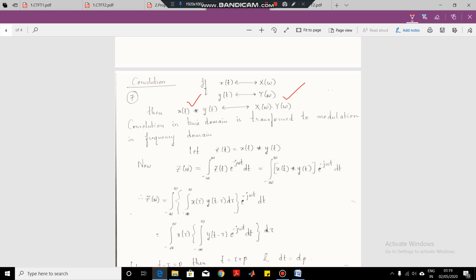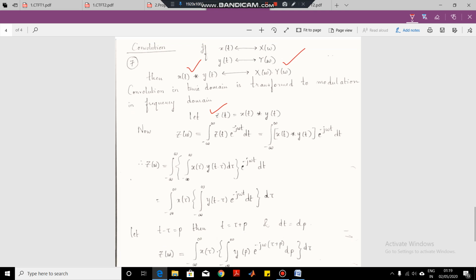So we have these two signals x of t and y of t. Let z of t indicate the convolution of these two signals. Now we remember the equation of Fourier transform. Let us also recall the equation of convolution from the third unit.